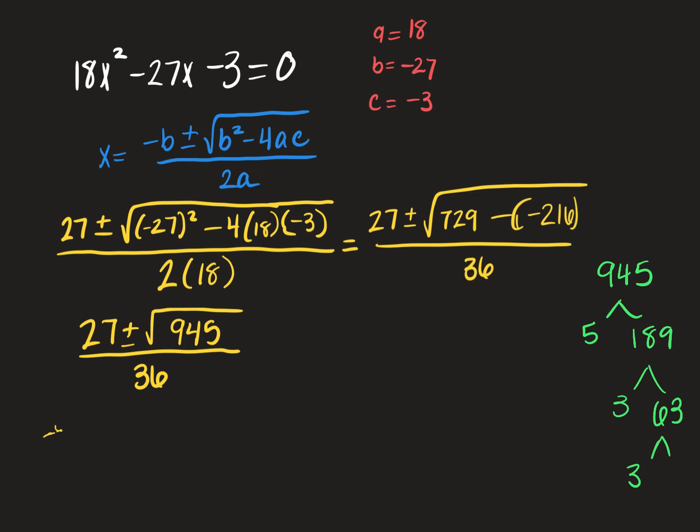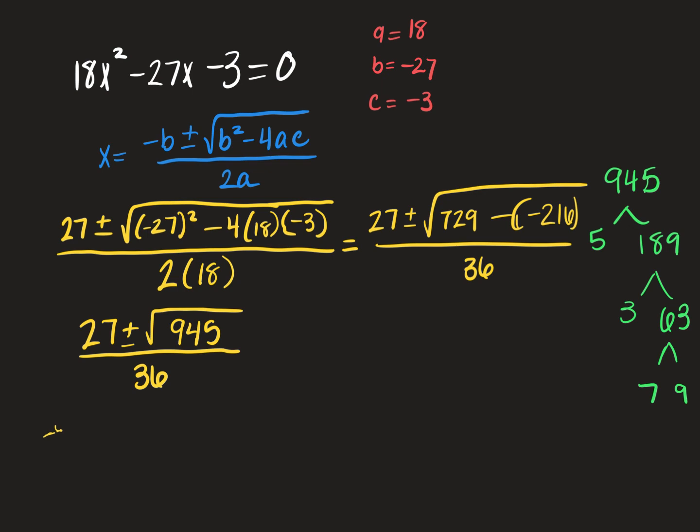Why don't you do 7 and 9? So then 7 and 9. And then 9 can go 3 and 3. So we can put a 3 outside, and then we multiply 5, 3, and 7 back together.